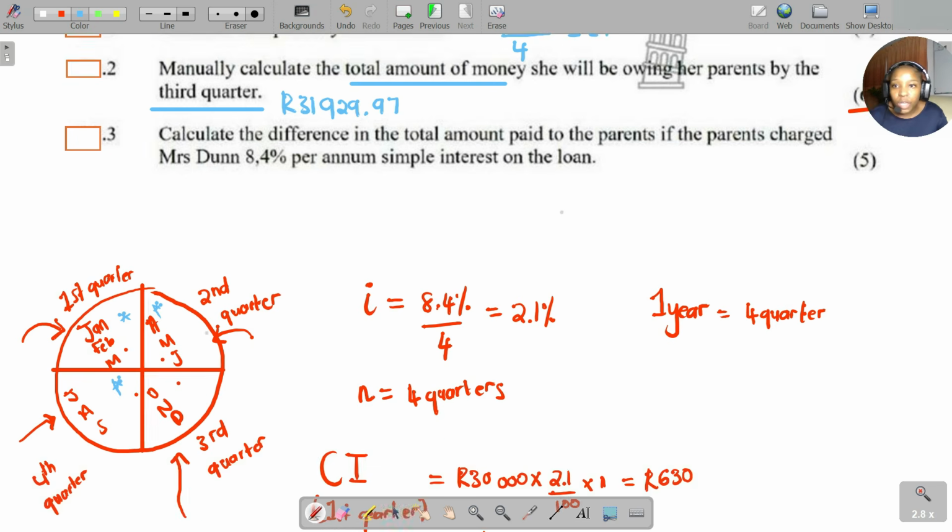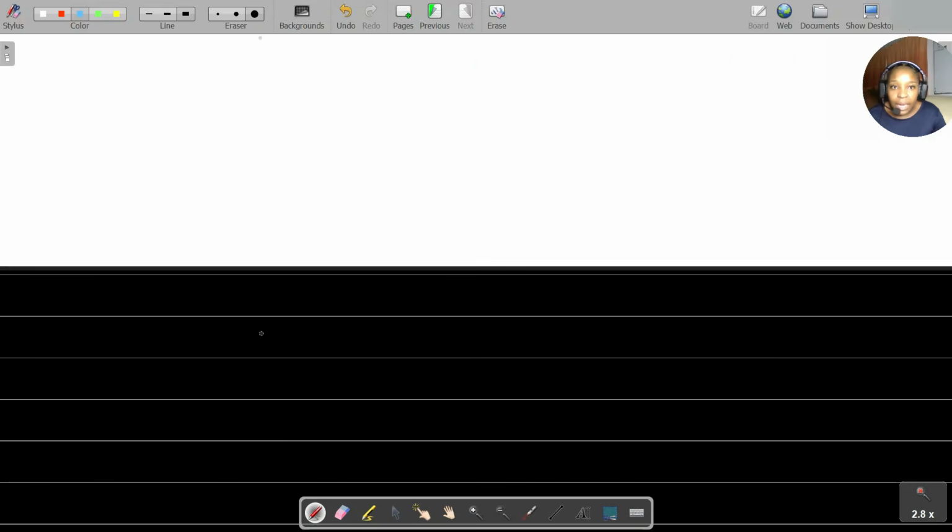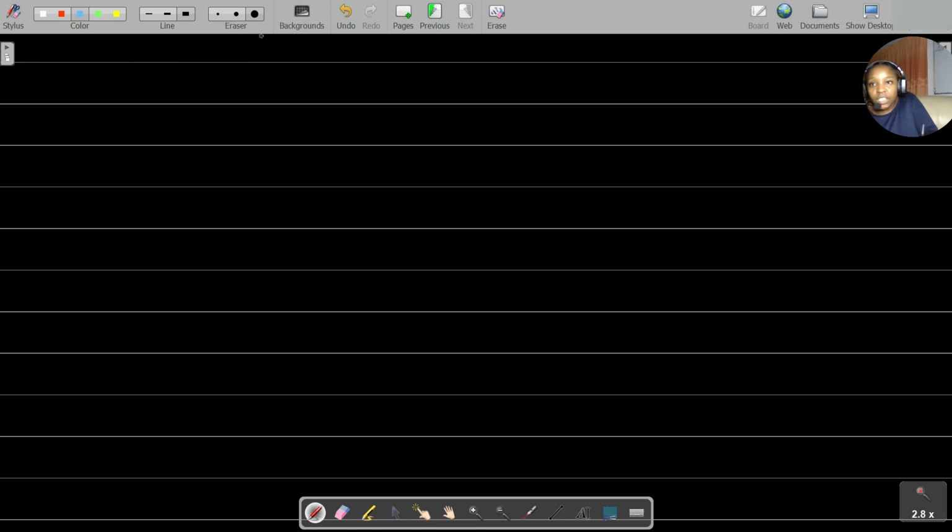Right, so all that we need to do for this third question, I'm just going to do it here. We just need to find out, if her parents charged her 8.4% simple interest, how much would she owe her parents if she had to pay back this amount in a period of 1 year.